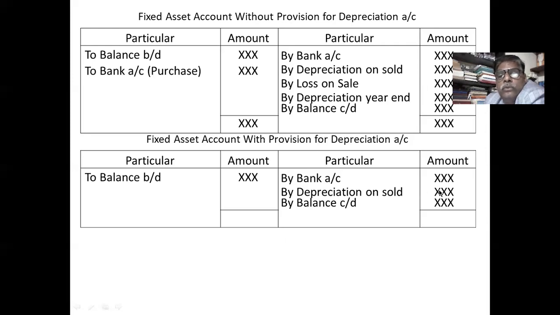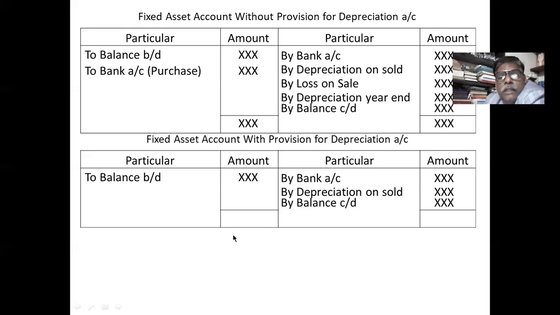By depreciation on sold. And if there is a profit or loss, you write the profit on the debit side, loss on the credit side. Clear? Loss on the credit side. Remember this. I have not recorded here. The same amount, the above amount comes here. Depreciation on sold asset.